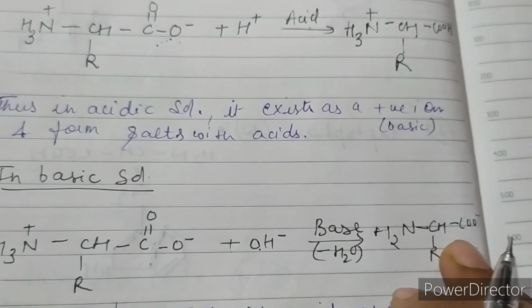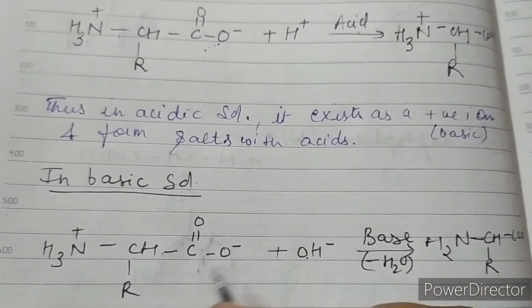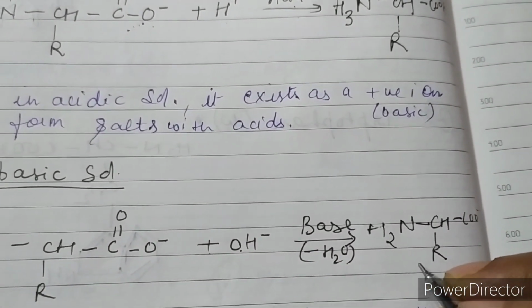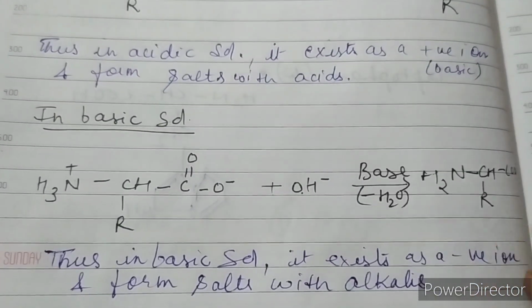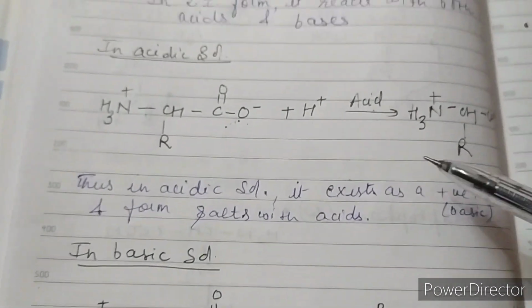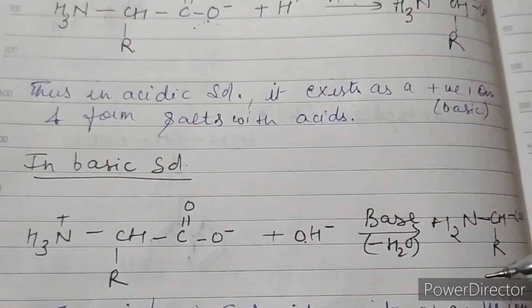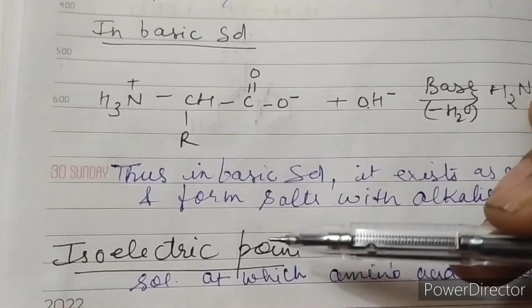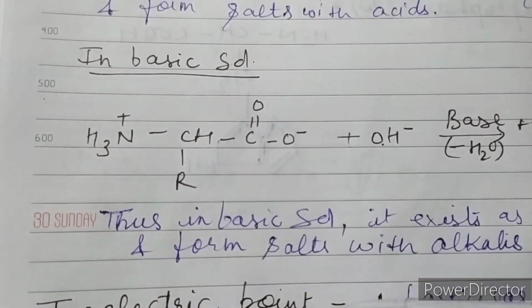So here a negative ion is formed because H proton is lost from this end, and this negative ion or acidic ion is formed in the basic solution and forms salts with alkalis. So in acidic solution it exists as a positive ion, and in basic solution as a negative ion. Now next term is isoelectronic point.